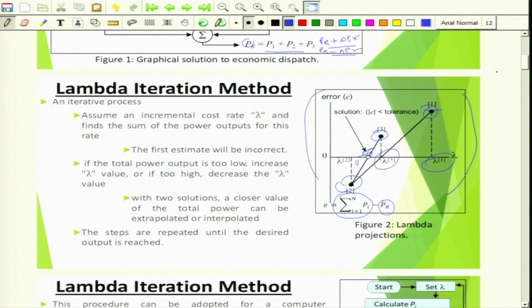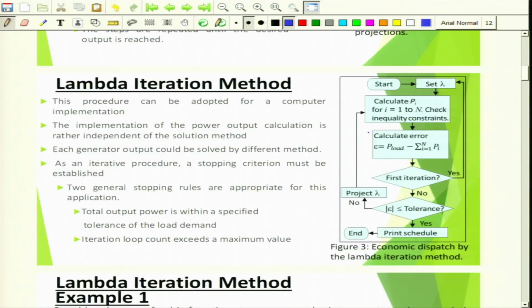As you can see here, if the total power output is too low, increase the lambda value, or if too high, decrease the lambda value, that is it. Now this is your algorithm flowchart. Set a lambda, and calculate total generation for all the generators from i equals 1 to n. Check the inequality constraint.